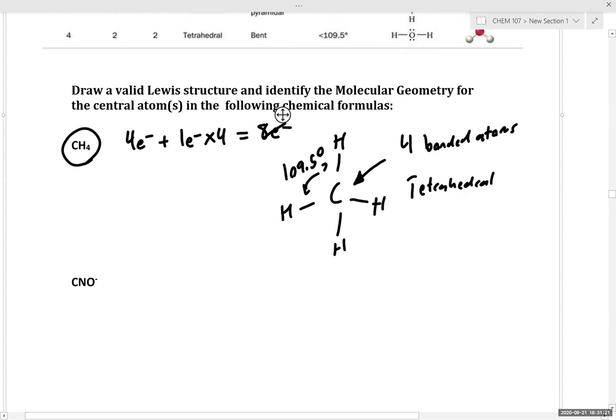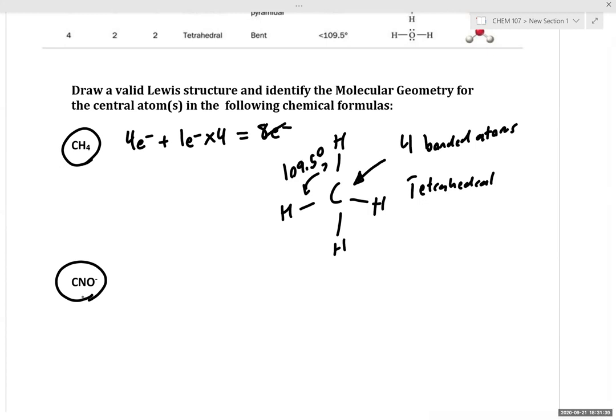Okay, so let's look at the following example, CNO-. I'd like you to try to draw the Lewis structure for CNO-, and then I'd like you to tell me the geometry for our central atom. Let's spend about 5 minutes on this example, and we'll discuss it momentarily.